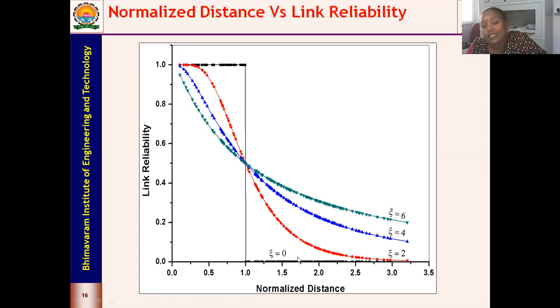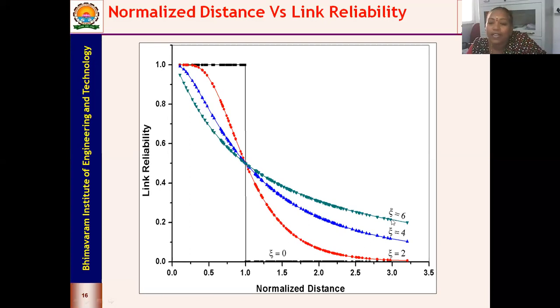Now as psi increases, psi increasing implies that the severity in the environment is high. What do I mean by severity in the environment? It is, I can say, more polluted; more noise is present in the environment. So when psi is equal to 2, 4, 6, the severity is very high as it increases.